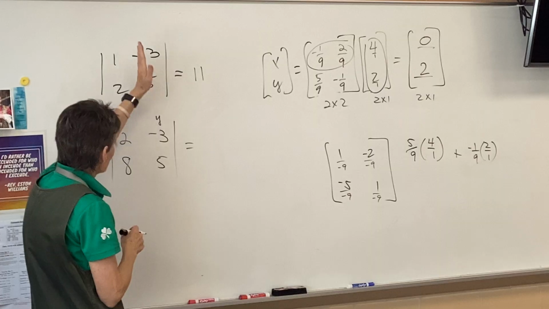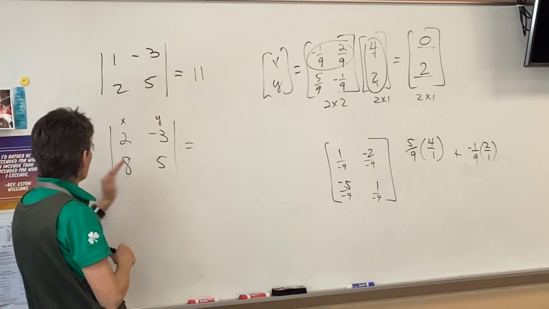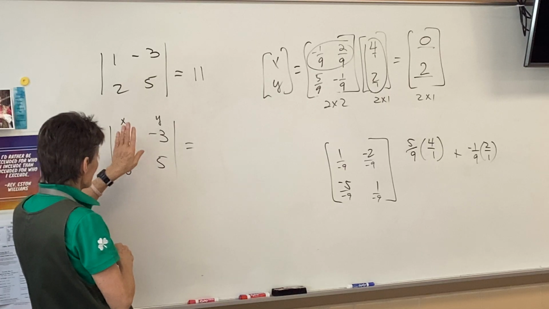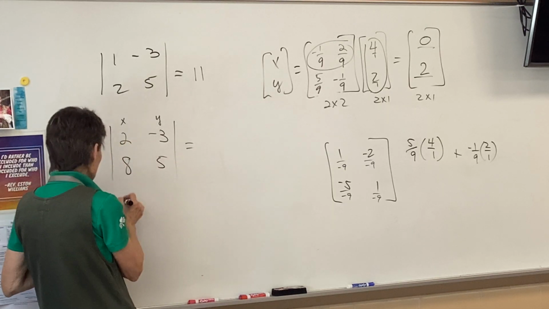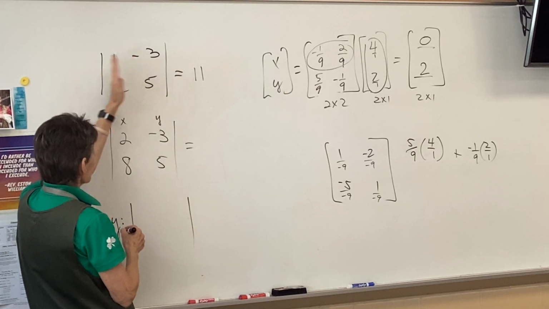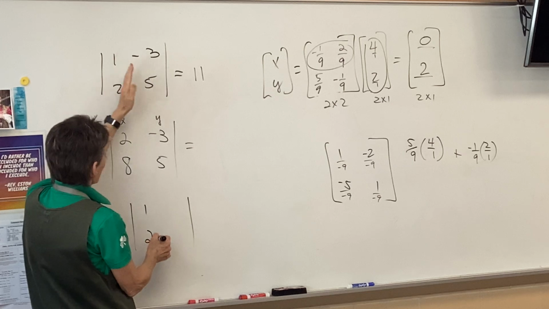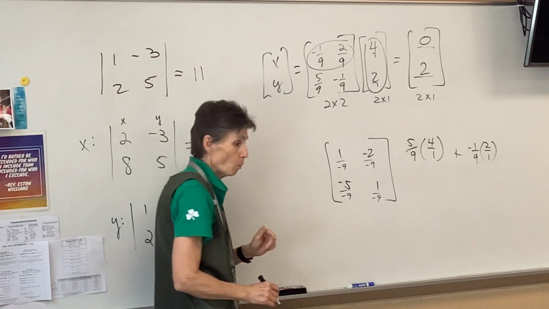You are leaving the Y's where the Y's are and the X's where the X's are. But if you're solving for X, you're replacing those. And then, if we're solving for Y, again, everything's staying right where it's at, but we're putting in our 2, 8 in place of the Y.